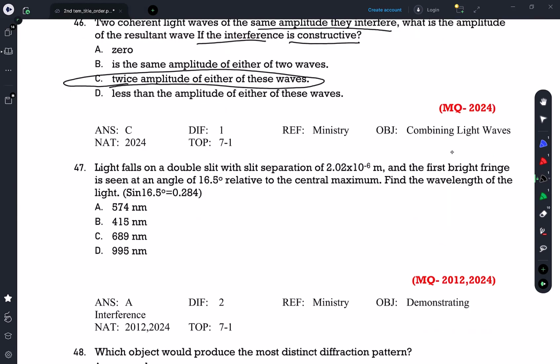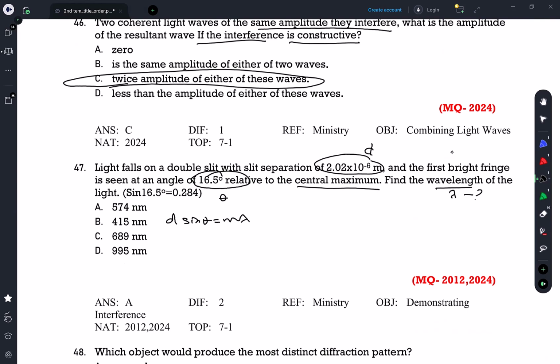Light falls on a double slit with a slit separation D, and the first bright fringes sit at an angle of 16.5 degrees to the central maximum. Find lambda. So D sine theta is equal to m lambda.